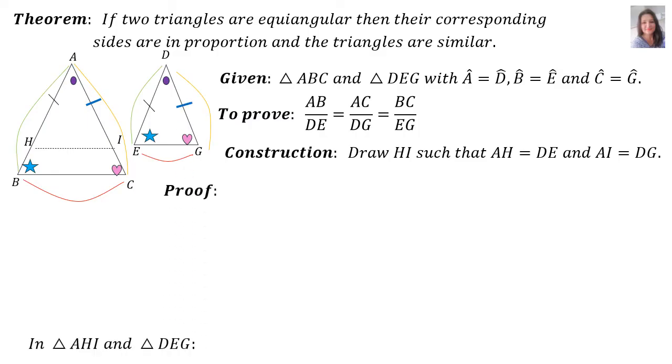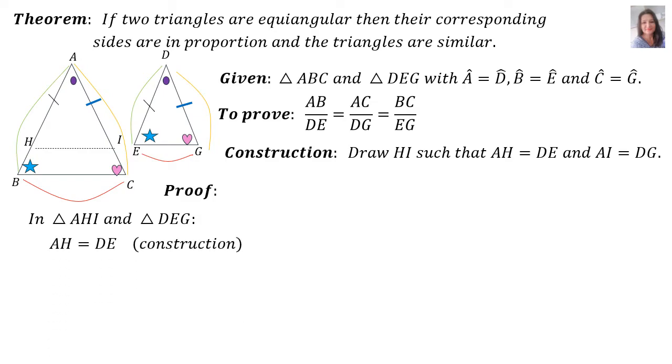Now here's the proof. We start with, in triangle AHI, that's the little triangle inside the big triangle, and the other triangle, triangle DEG. AH is equal to DE. That was our construction. Angle A is equal to angle D. That was given.